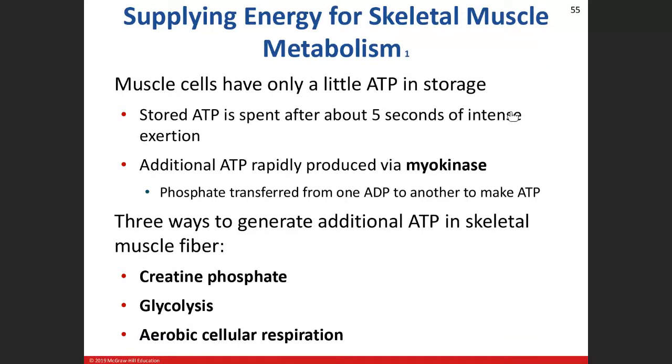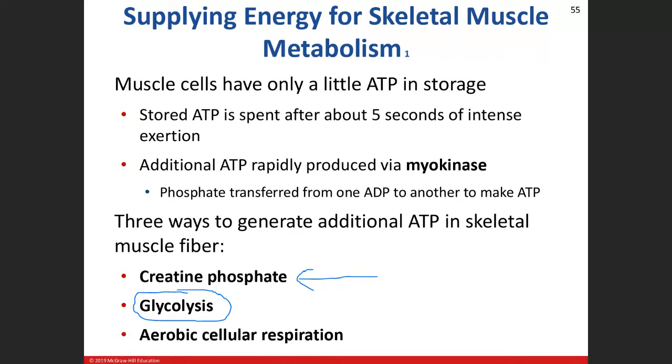But we've got to have more ways to make some ATP here, especially if you're running a marathon, you can only do this for so much. So we have some more ways. We're going to talk about these. This awesome guy, creatine phosphate. We've also heard about glycolysis before, because I talked about it earlier. Glycolysis is when we start to release glucose from its storage form of glycogen.